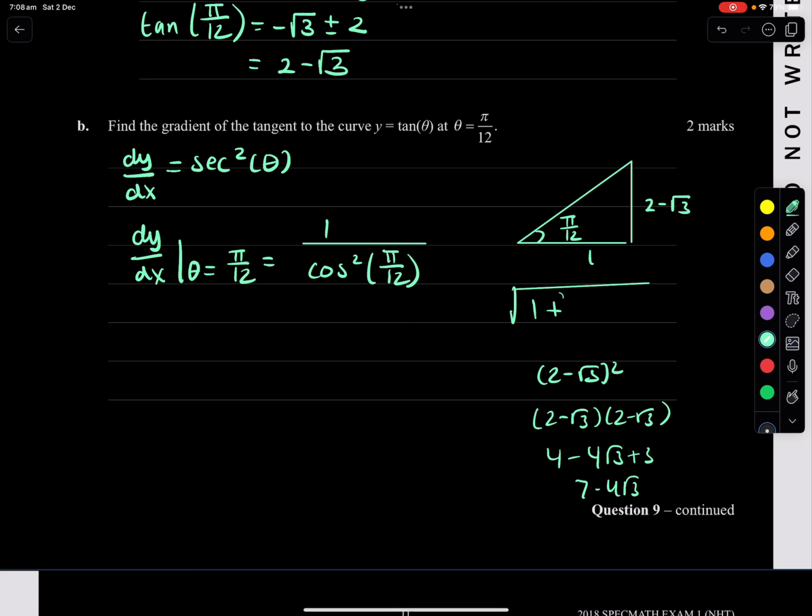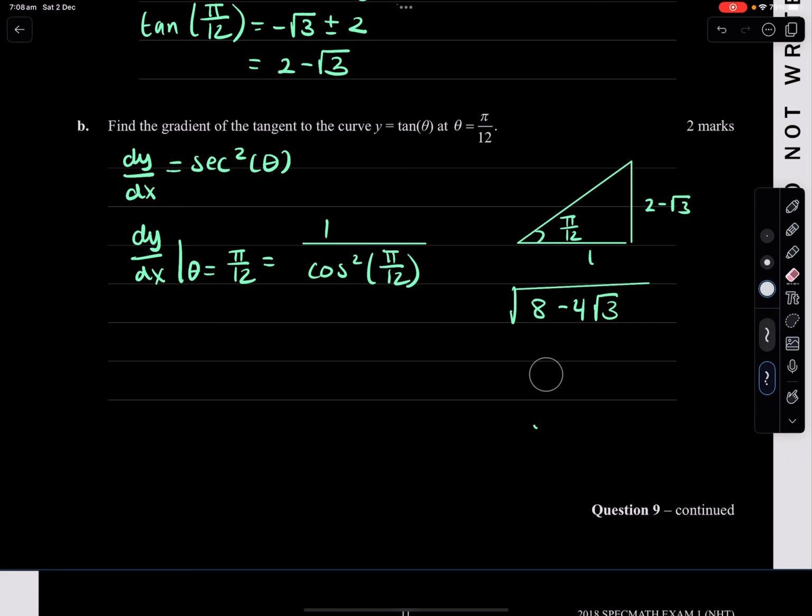And adding the 1 to it, it's going to be 8 minus 4 root 3 overall. Yeah, that's it. So we've got that, and we can write this over here. That is your hypotenuse. Just use Pythagoras' theorem for that one.